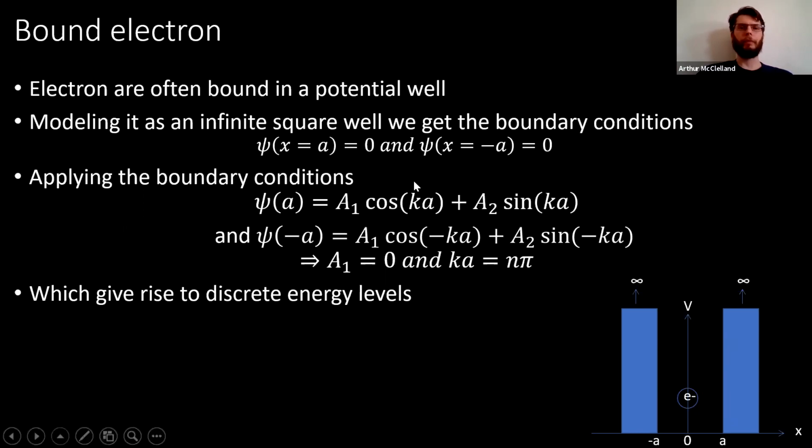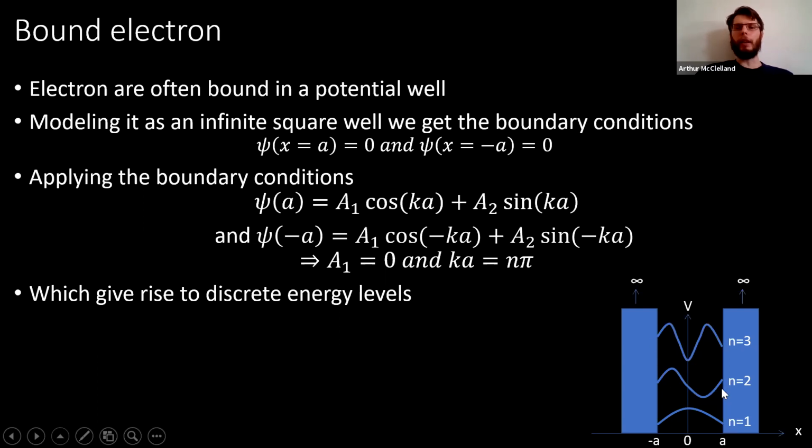energy well. We apply the boundary conditions and we can solve it, which ends up being Ka is equal to n pi. So we end up with discrete energy levels. N equals 1 is a half oscillation, n equals 2 is a full oscillation, the wave function n equals 3 is 1.5.